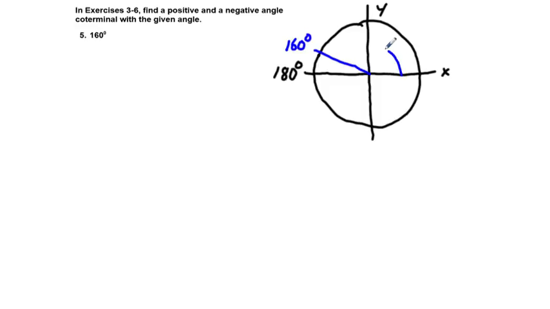We're going to go to 160, and then we're going to wrap around another how many degrees to get back to a coterminal angle? Well, another 360 degrees. So one answer is going to be 160 plus that next rotation of 360 degrees. And so just lining up, if I'm not mistaken, it's going to be 520 degrees.